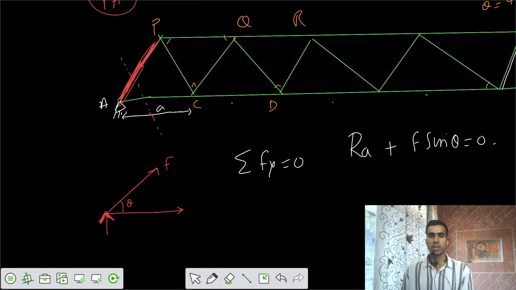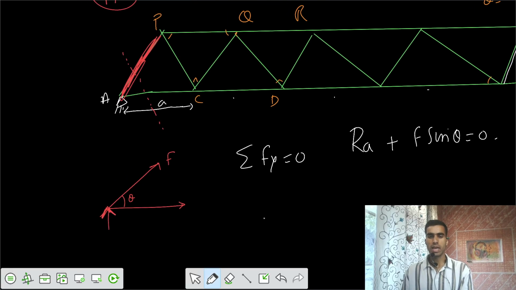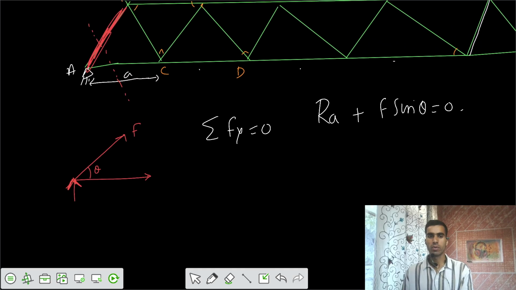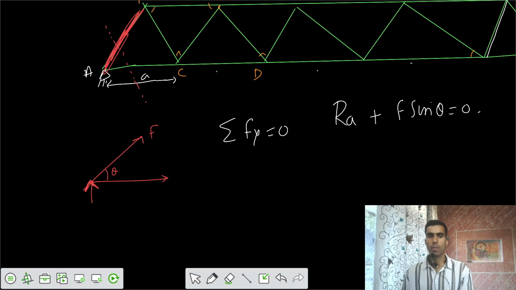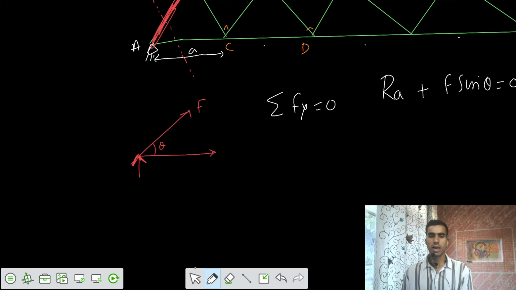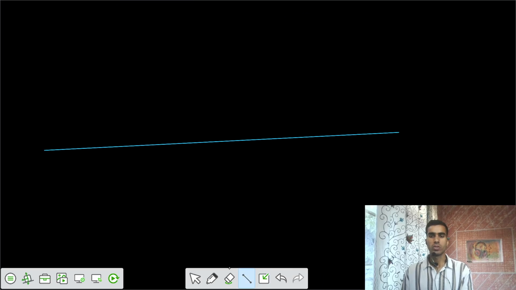Let's go for case one, where the load is placed at joint A. If the load is placed at joint A, can you tell me what the ordinate is? The reaction would be 1. So 1 minus 1 plus F sine theta equals 0, so F equals 0. So the first ordinate is 0.